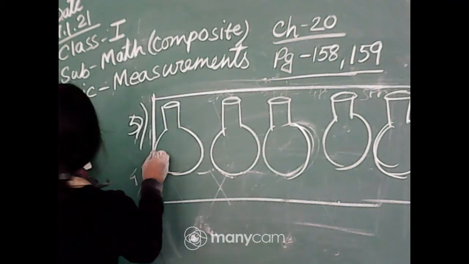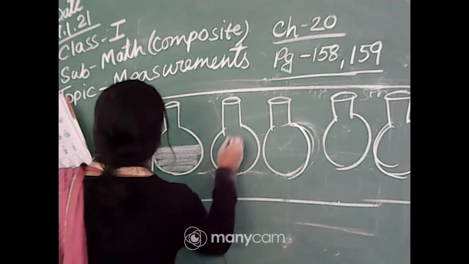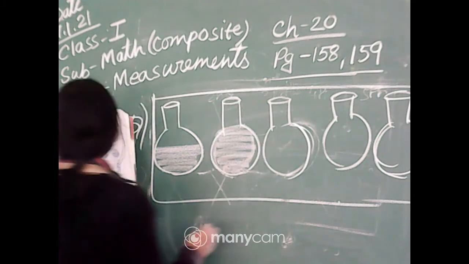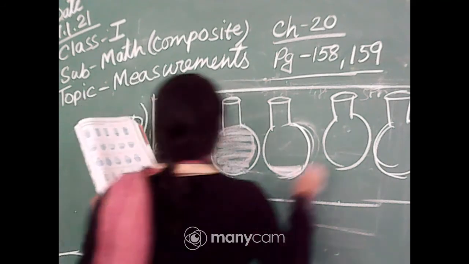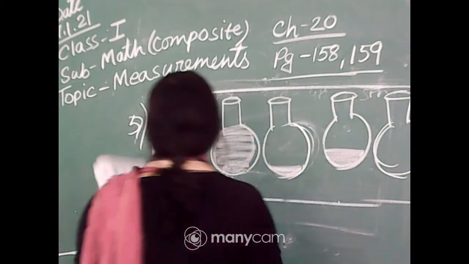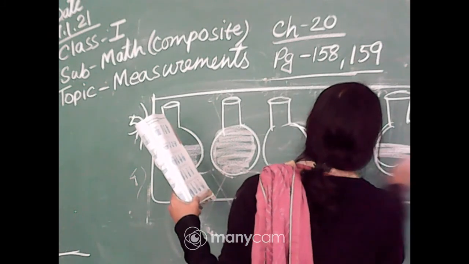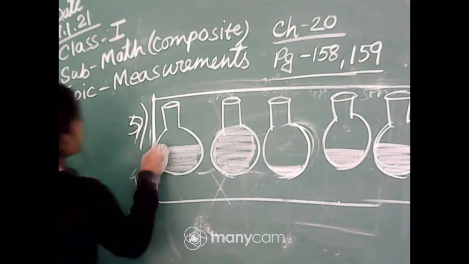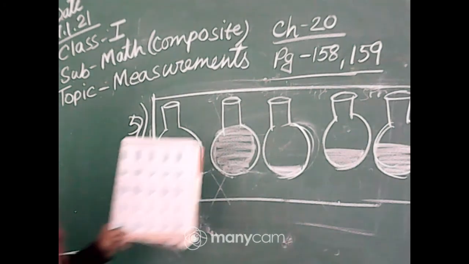Now first container is this much. And the second container is liquid this much. And the third container is this much liquid. And the fourth one this much. And last one is this much. So you can tell me which container has more quantity of liquid.